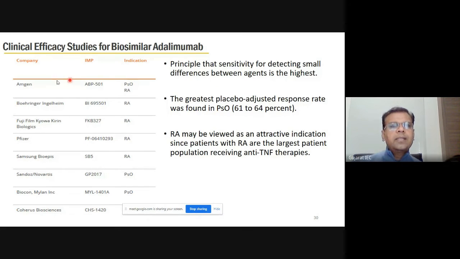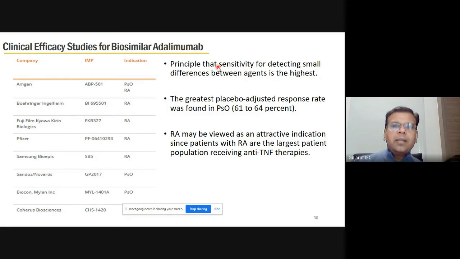So if we consider clinical efficacy studies for adalimumab, they have these various indications available, like plaque psoriasis or rheumatoid arthritis. But then the company would like to target the indication which is either easy to enroll, or has very few differences, or is highly sensitive.